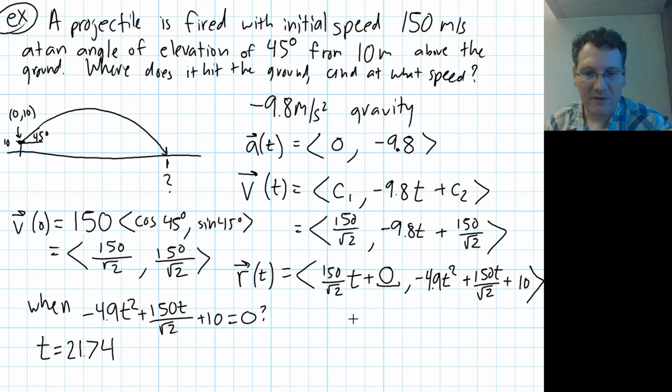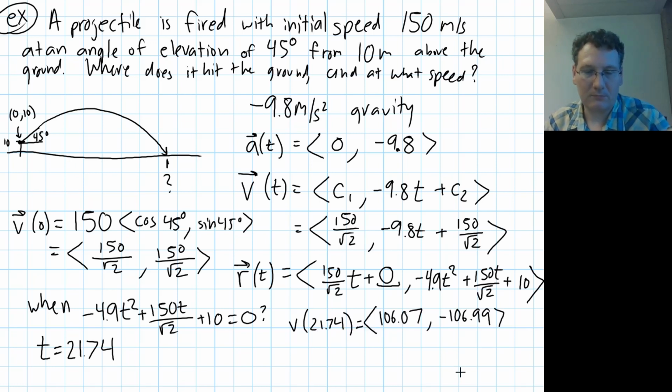And so the velocity at time 21.74, I'm going to just evaluate that. So the velocity vector at time 21.74 seconds, if you work that out, you get 106.07 and negative 106.99. And so the speed at 21.74 seconds, that's the magnitude.